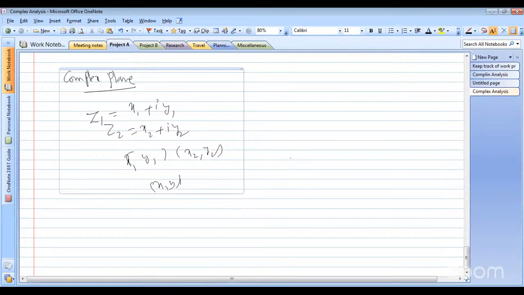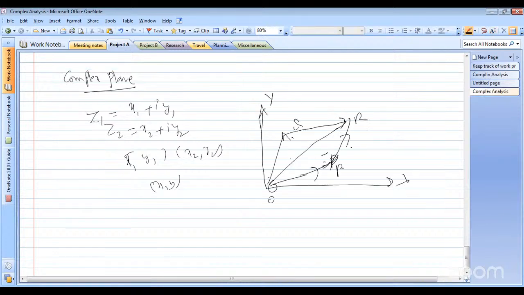This is the form of vector algebra which is already familiar. This is OP, and this is OQ. The diagonal is OP plus OQ, which is OR. So OP plus OQ is equal to OR.